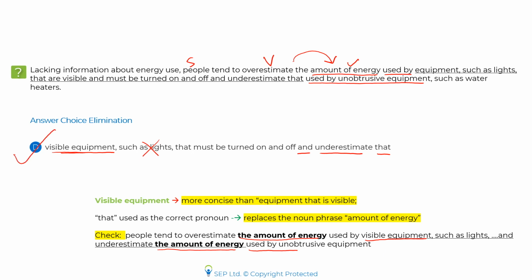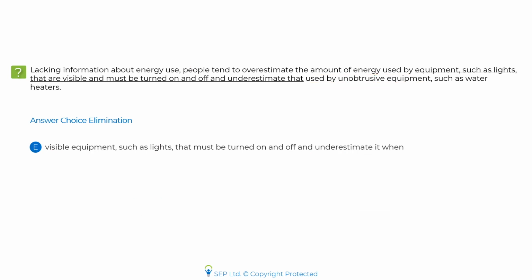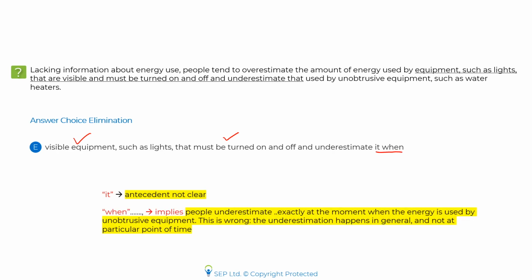D is absolutely right on all counts. Let us now see if we can surely eliminate the last choice remaining. In E, we see that "visible equipment" has been introduced, which is concise. "That must be turned on and off" is also fine, but the issue that we had in the earlier choices is still there, and therefore E can be eliminated quickly.